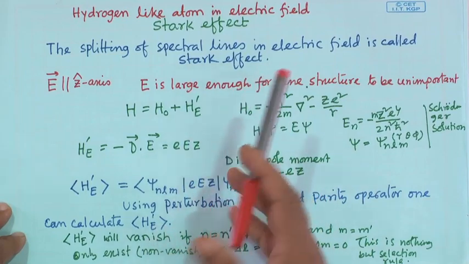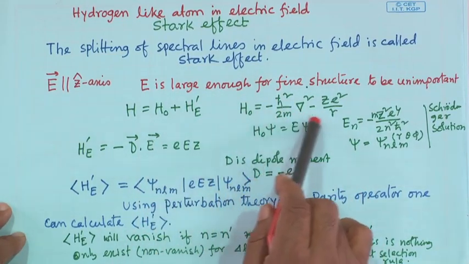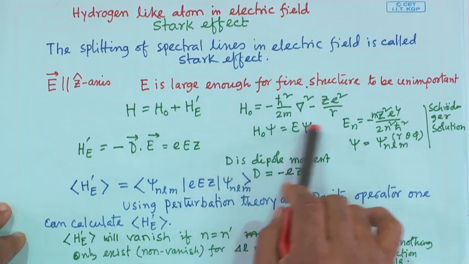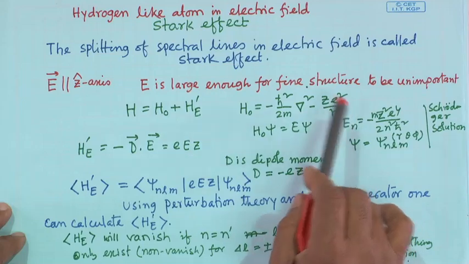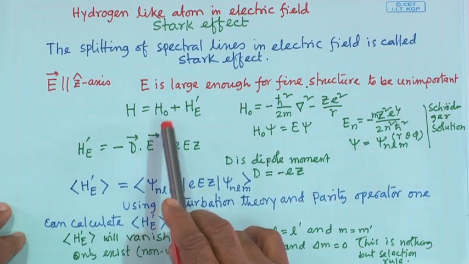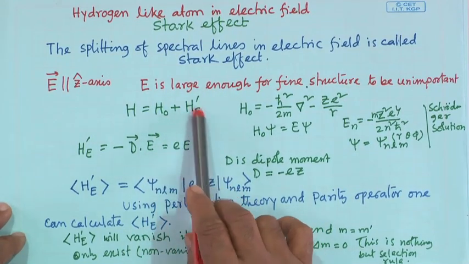So, they are also negligible. So, here H0 is nothing but the Schrodinger Hamiltonian. This has been taken as the unperturbed Hamiltonian plus this perturbed Hamiltonian.